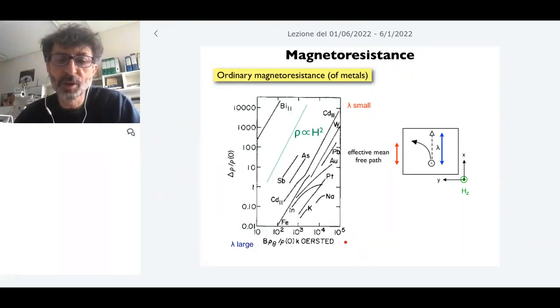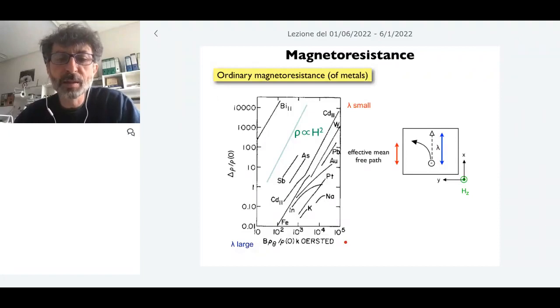This is put just there in order to normalize the different behavior and to be able to plot all these different elements in the same graph. So you see a lot of elements.